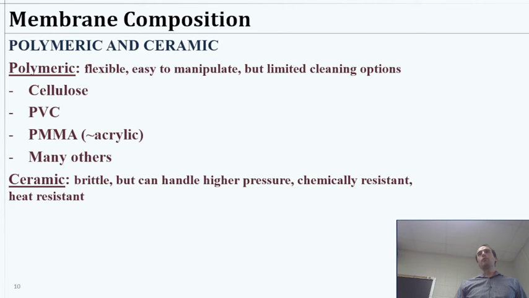You can get chemically resistant because, what's chlorine going to do to a brick, right? Typically not much, right? So if you have this ceramic type material, you can heat it, you can blast it with chemicals. So there's some advantages there that you can't get with polymeric.